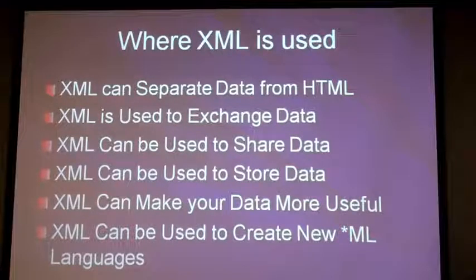So you can store information about books in an XML document, and then have a separate HTML document, which will pull out this data and show it to you in HTML format. And then that HTML document will handle only the formats and the layout, and the data itself, where books are listed with authors, with the publishing year, and so on, will be saved in an XML document. XML will handle the data.